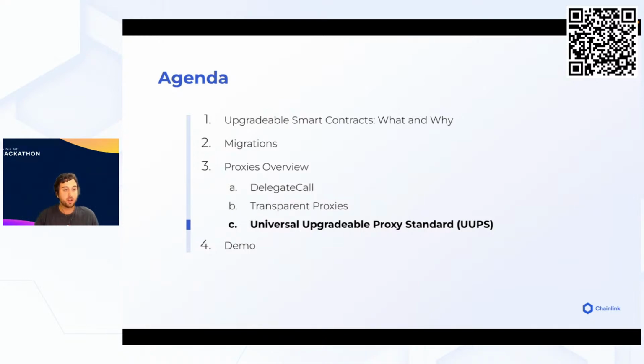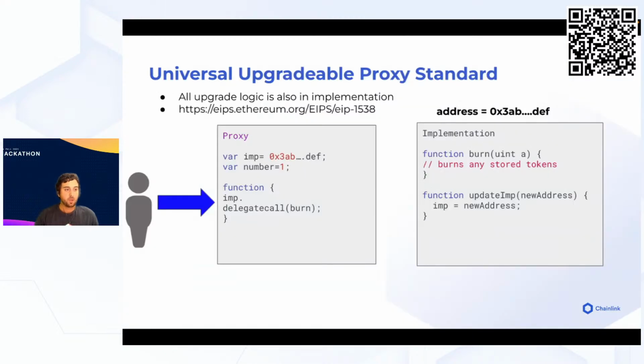The other big one is the universal upgradable proxy standard, UUPS, right? In this standard, all of our upgrade functionality, so basically all of our functionality, is in the implementation contract.